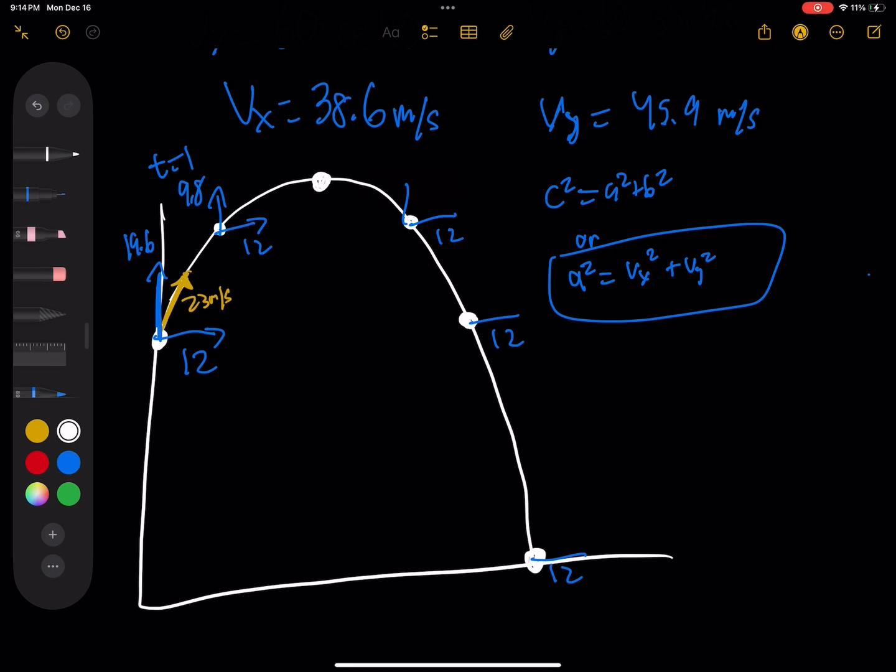This is equal to 12, and then this one is going to be 0, because this is going to be the top, where we change from 9.8 to negative 9.8, and then this first one is going to be 19.6, negative velocity, because it changes after you go from 0.